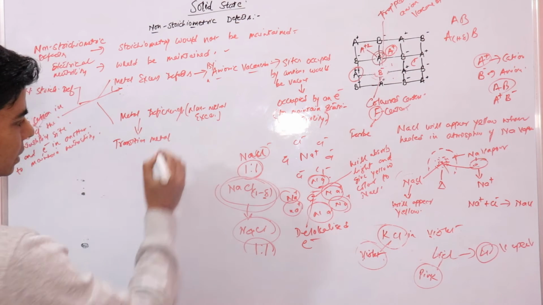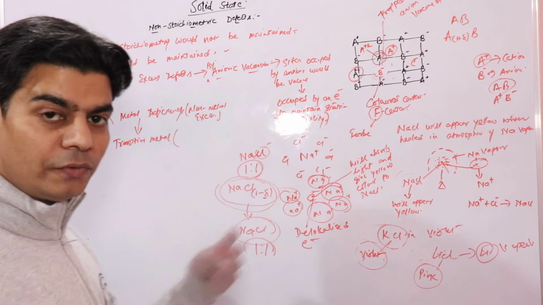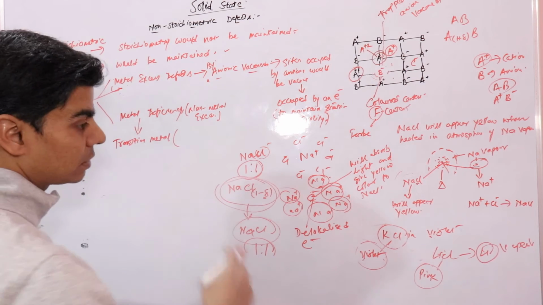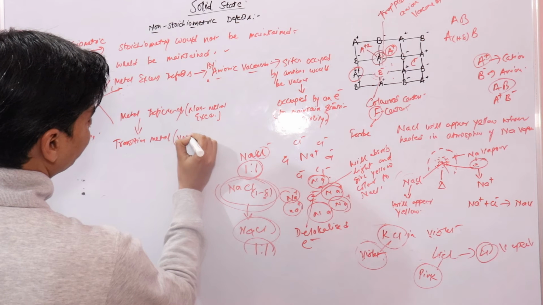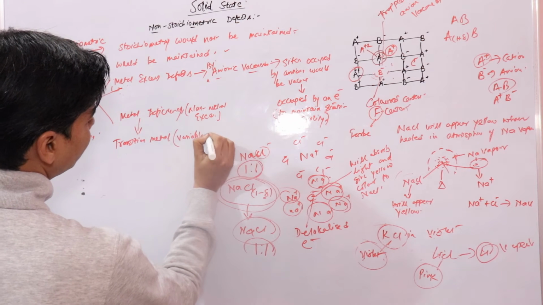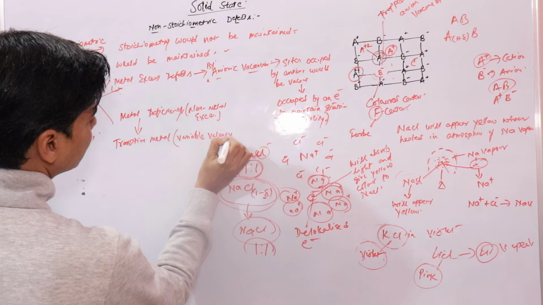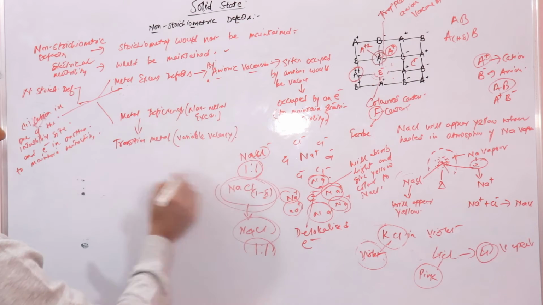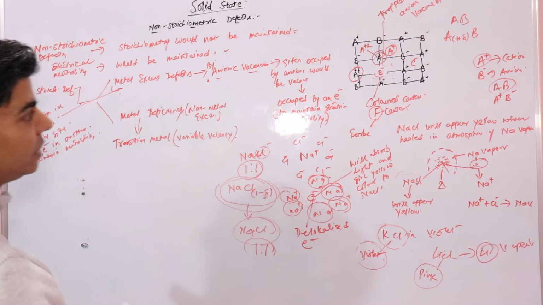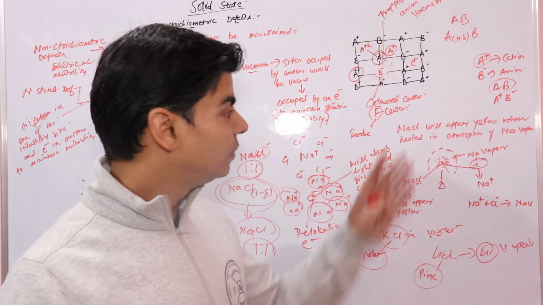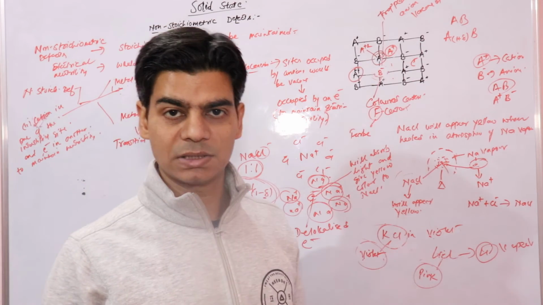Transition metals, because they are the metals that show variable valency, like metal ions that are monovalent, divalent, right? Variable valency. Transition metals that show variable valency will show metal deficiency defects. That is, metal cations will become less in the crystal lattice.